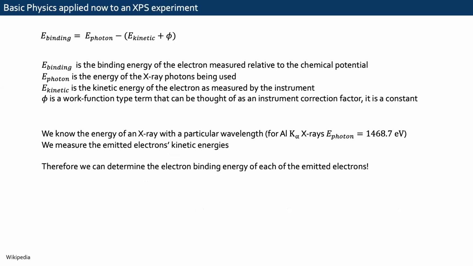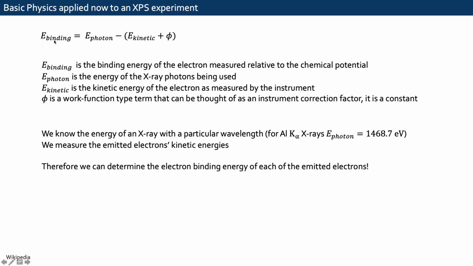So how does this apply to the actual experiment that you're doing? What are you actually measuring, and what variables are you actually getting out in an experiment? This is the simple equation that describes what you're doing in the experiment.